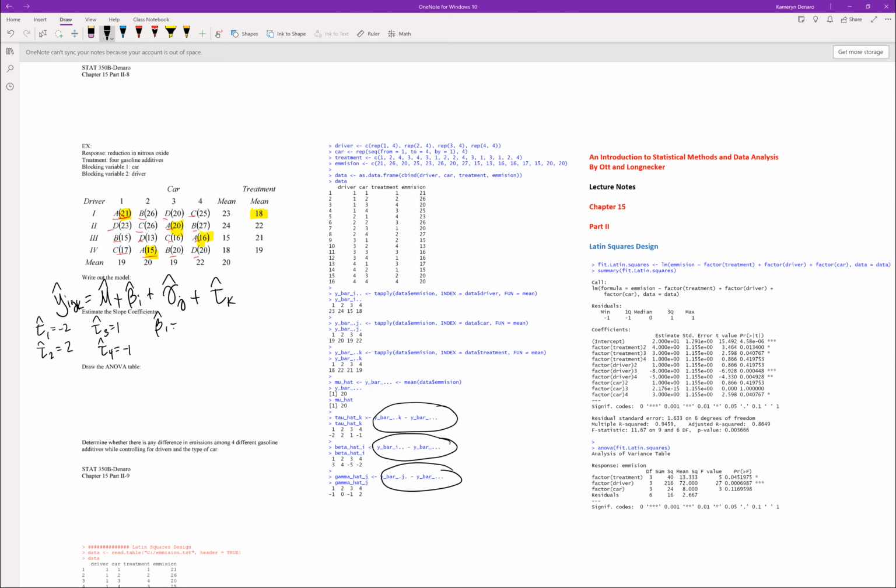Beta hat 1 is 3, beta hat 2 is 4, beta hat 3 is -5, and beta hat 4 is -2. And for gamma, gamma hat 1 is -1, gamma hat 2 is 0, gamma hat 3 is -1, and gamma hat 4 is 2.